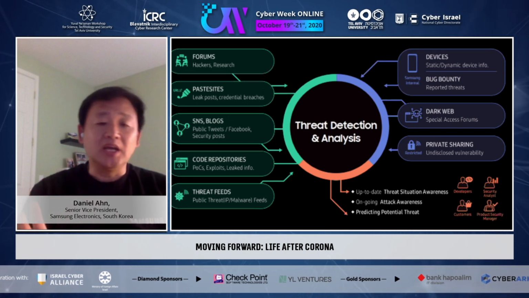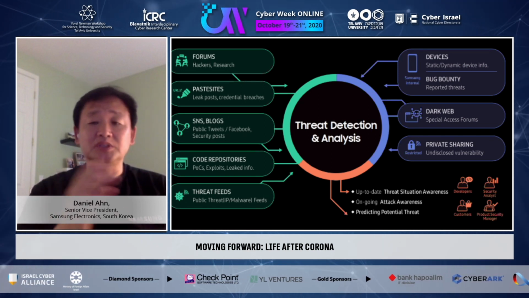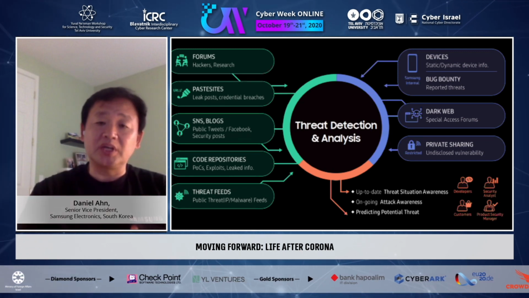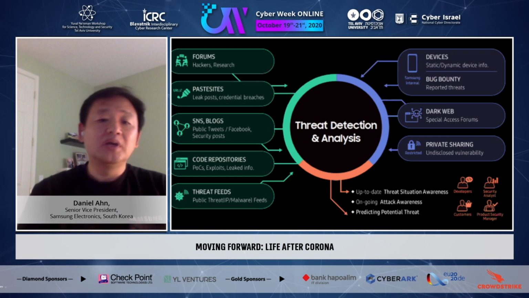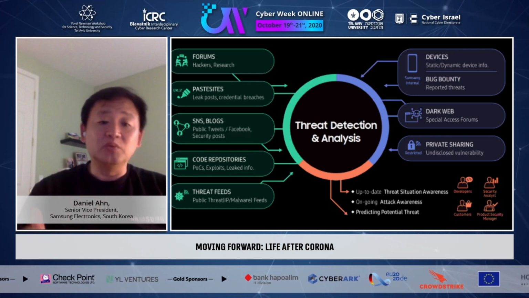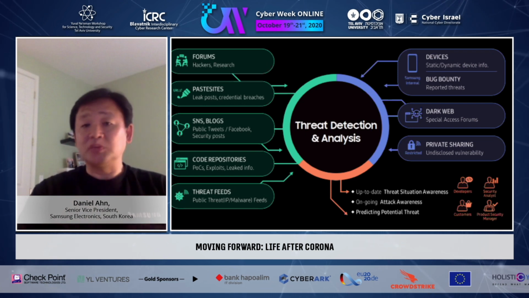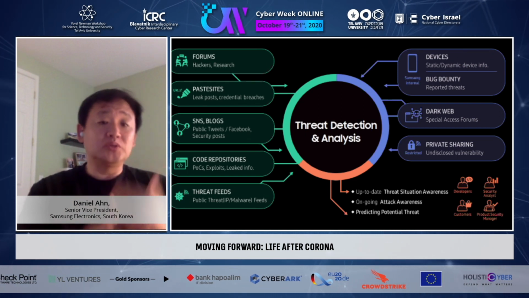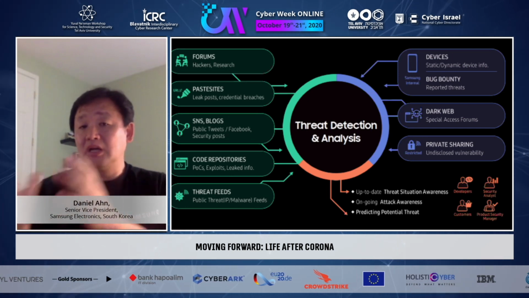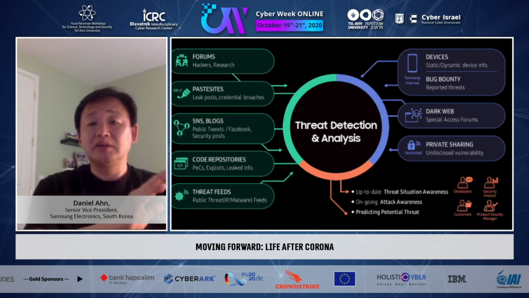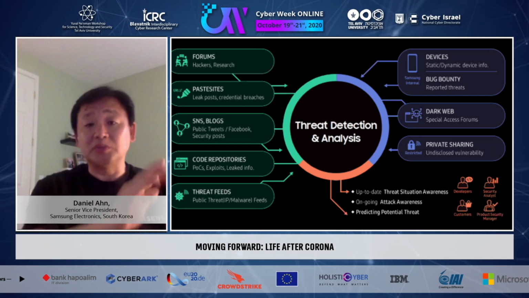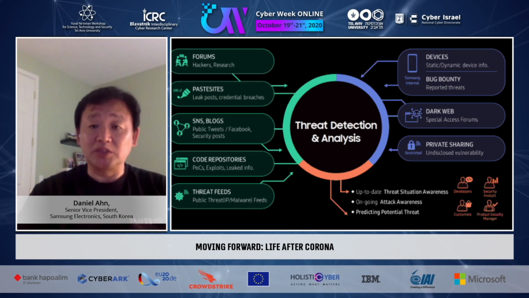Even some other SNS and blogs will give us more insight on the security campaigns, like attack campaigns, as well as some well-designed threat feeds will give us the insight as well. And based on these kinds of sources, eventually you can identify what kind of attacks can eventually make damage to these services as well as products.